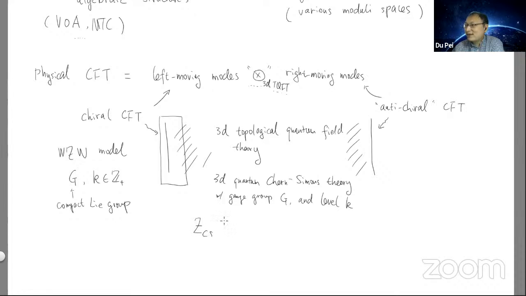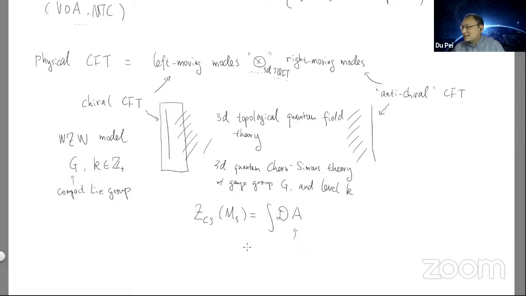So the partition function of quantum Chern-Simons theory on three-manifolds is defined physically as the path integral over the space of all connections of a principal G-bundle on the three-manifold.